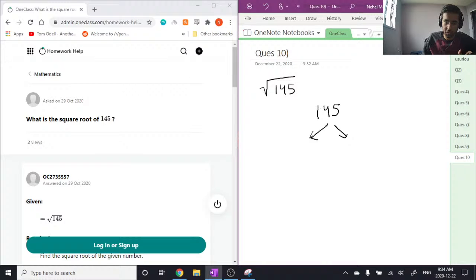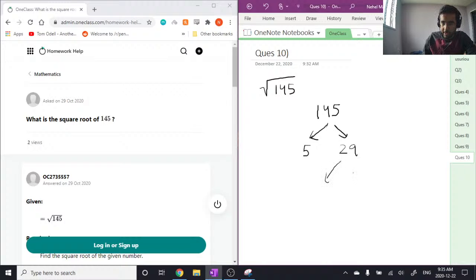So 3 is also not a factor, 4 is also not a factor, but 5, however, is a factor since this number ends with a 5. So we can say that 5 times 29 gives us the number 145.